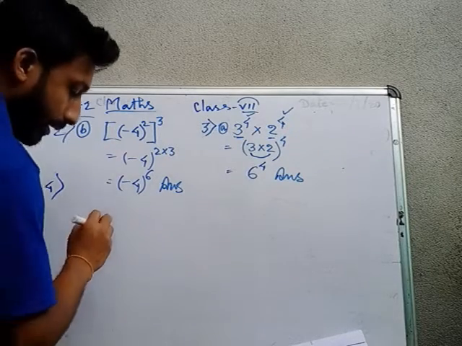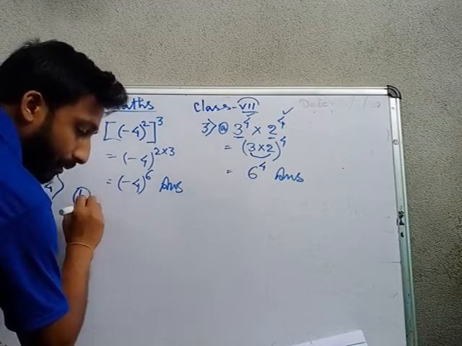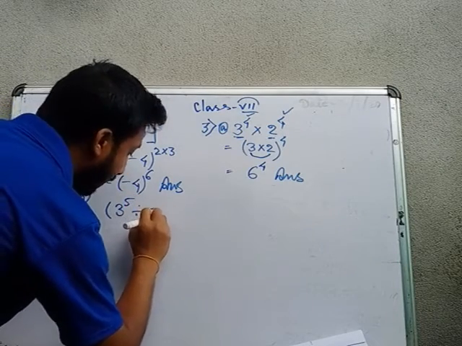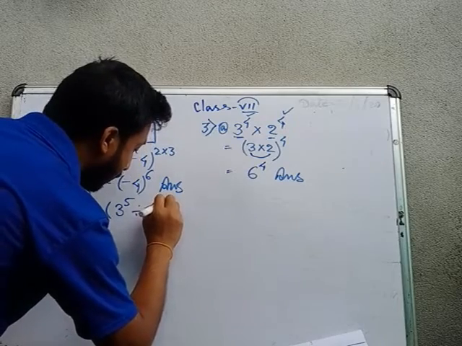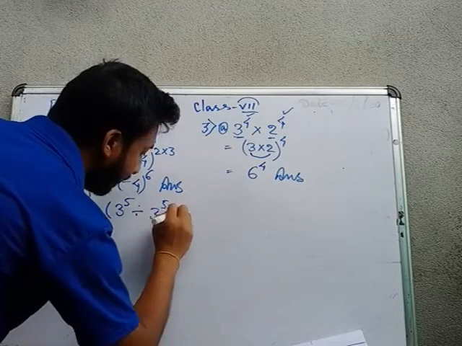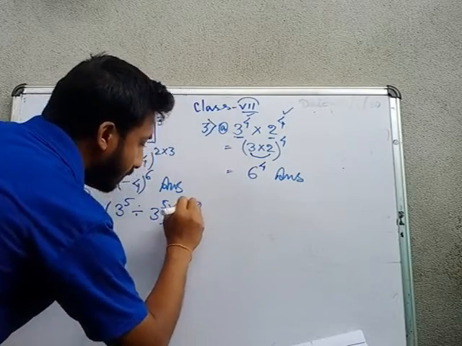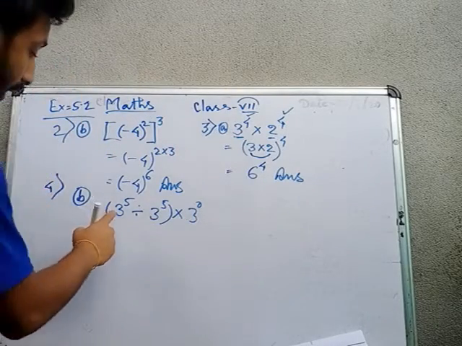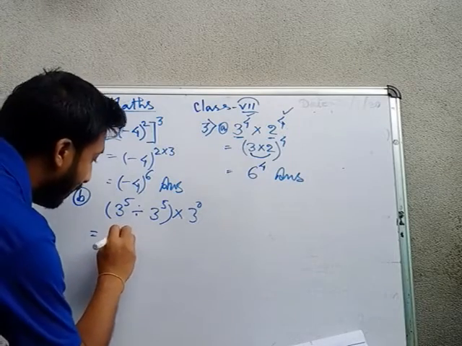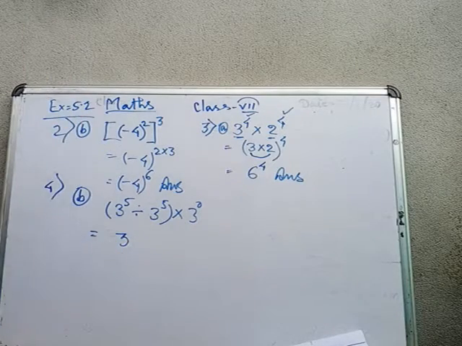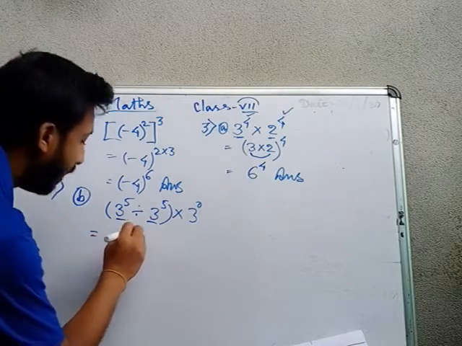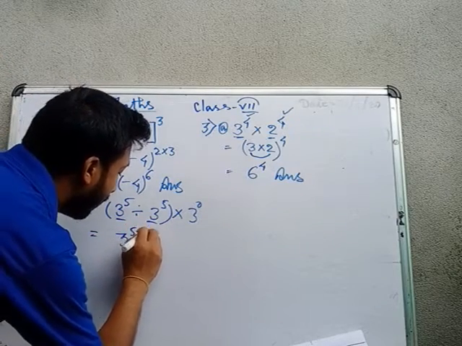Simplify the following. That means I will do the next number B. 3 to the power 5 divided by 3 to the power 5. Simplify. That means at first we will divide the numbers. On that time, if it is division time, if the base is the same number, on that time we should subtract the powers.